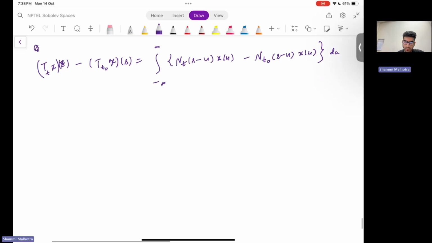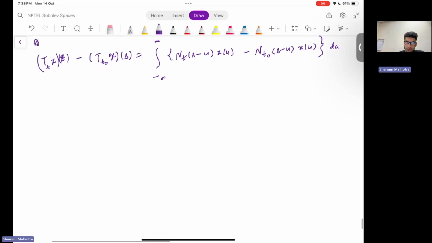What we do is use a change of variable: I take (s minus u) by root t equal to z.